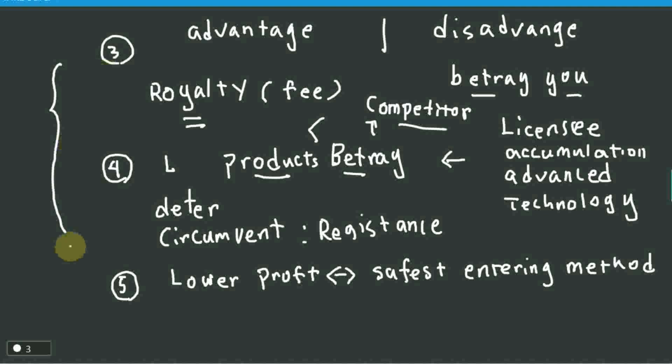And also the advantage of licensing is, once local citizens are sensitive to foreign direct investment and ownership, this method of licensing can circumvent it. Circumvent means that they can avoid the resistance of local citizens, and have less resistance.